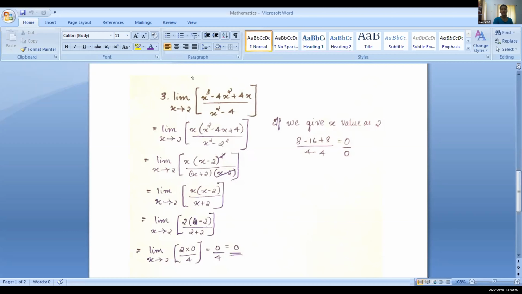We try to avoid this form by factorization or by any other method. Here, in x cube minus 4x square plus 4x, we have x common, so we take x outside. It becomes x into x square minus 4x plus 4. In the denominator, x square minus 4, where 4 can be 2 square, is in the form a square minus b square.